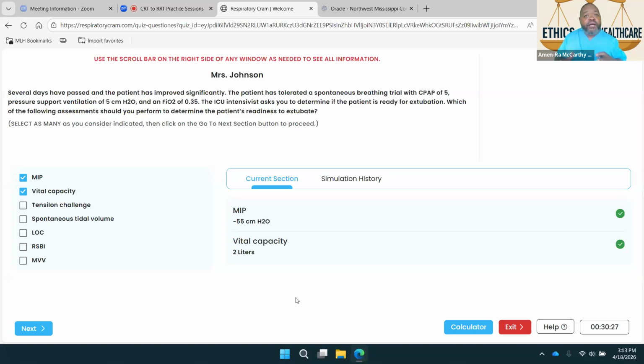So if her tidal volume is 500, then 2 times 500 is about 1,000. So as long as it's greater than 2 times their tidal volume, then we're good. So hers is 2 liters, which is much better than her tidal volume. So that's good.